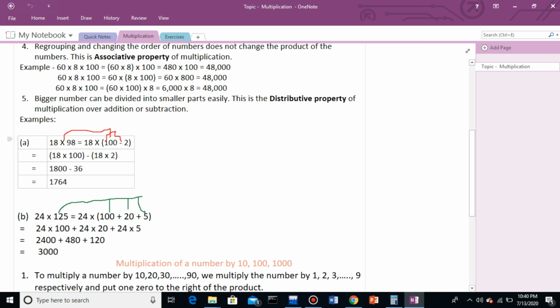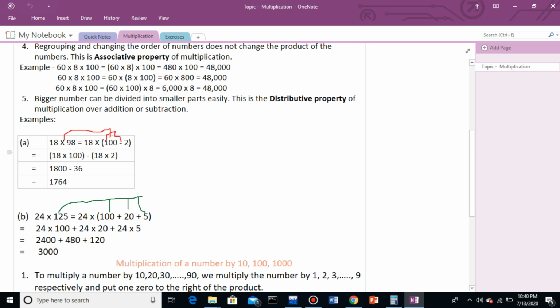If we round off 98 to the nearest hundred, it will become 100. So 100 minus 2 gives 98. In the brackets I have done 100 minus 2. Now we will multiply 18 by 100 and 18 by 2.